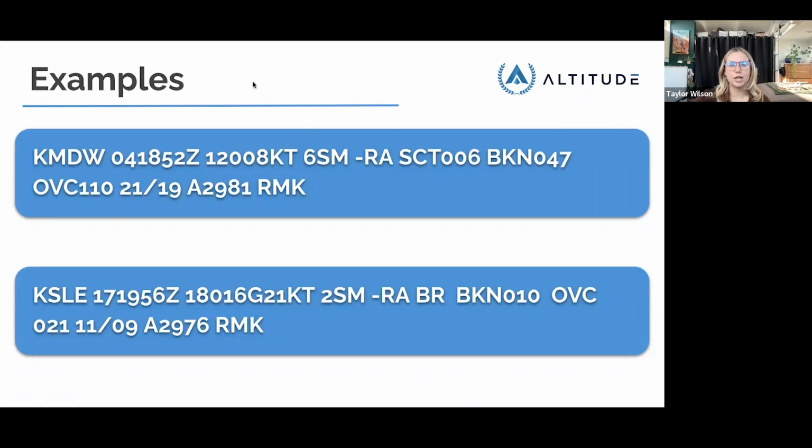Perfect, yeah. So our broken layer here is going to be our ceiling, which is 1,000 feet. Altimeter 29.76, and then we do not have any remarks. So both broken and overcast count as a ceiling.